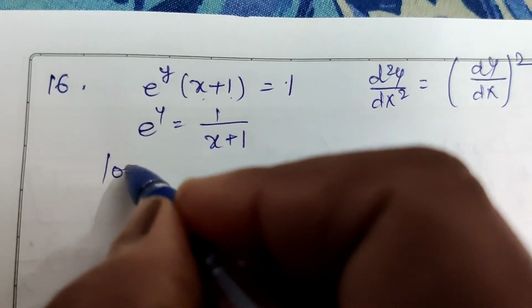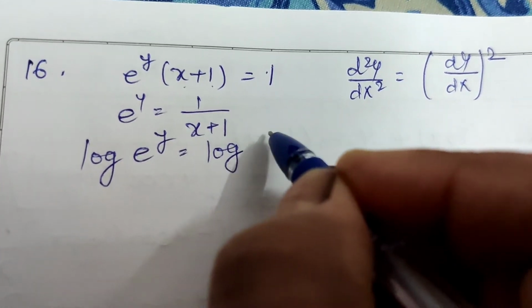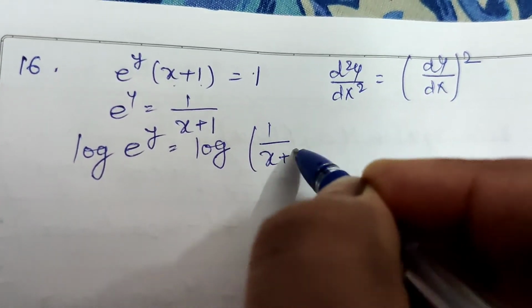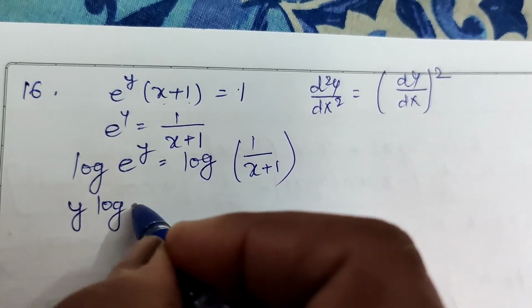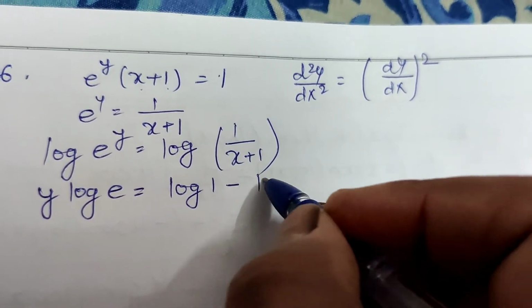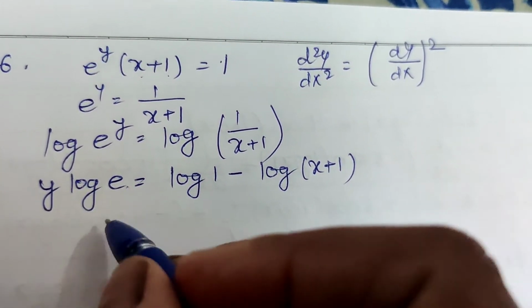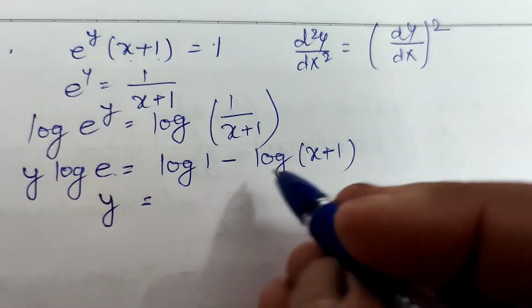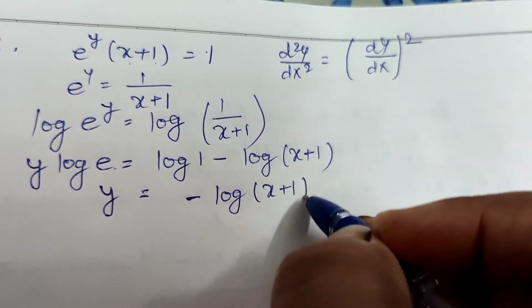Take log both sides. y log e equal to log 1 minus log x plus 1. Log e equal to 1, therefore y equal to minus log x plus 1.